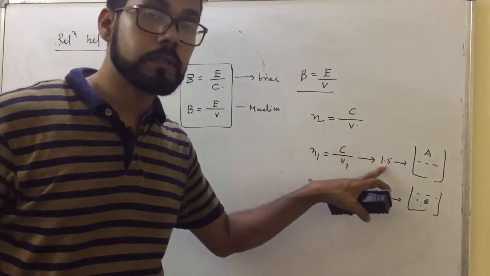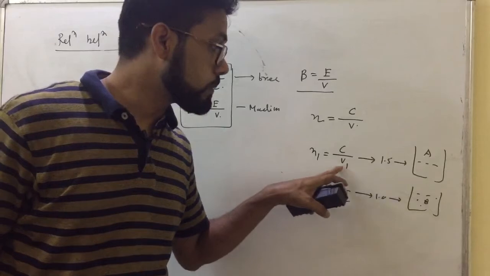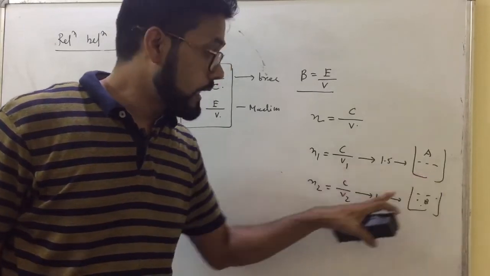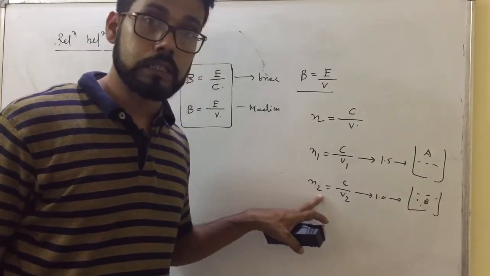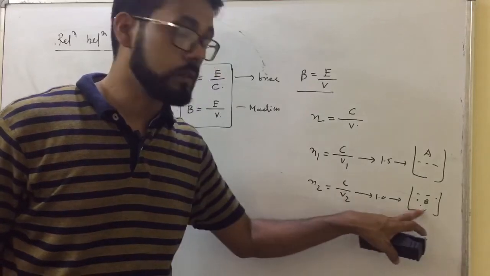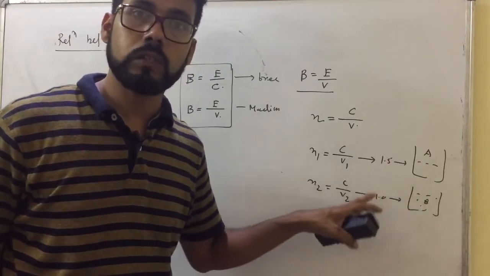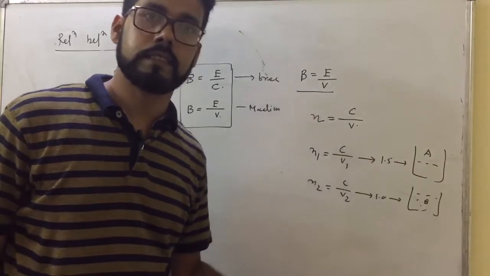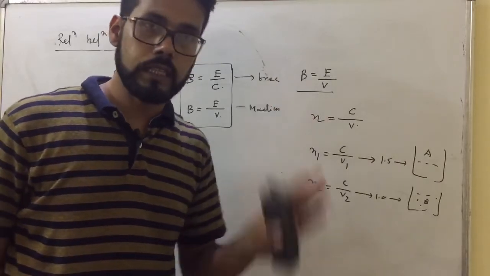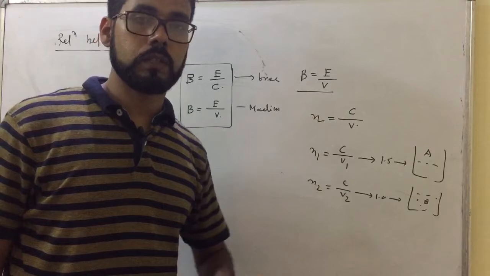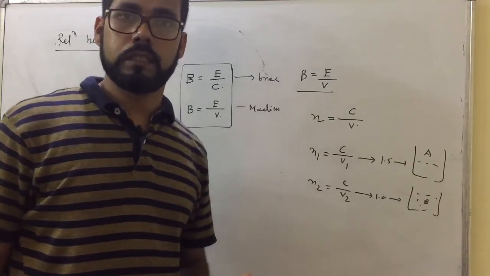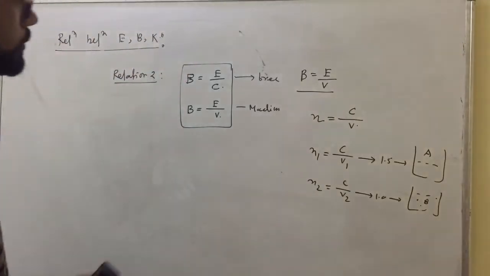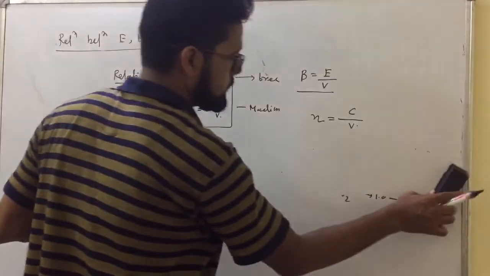So a higher refractive index means lower velocity of the electromagnetic wave in medium 1, and a lower refractive index means higher velocity in that medium. So this is how refractive index is characterized. It tells you how fast an electromagnetic wave propagates in a particular medium. Clear? These are the important facts we have already studied.